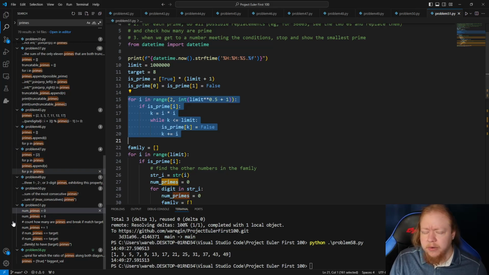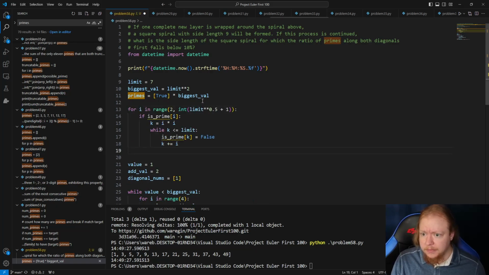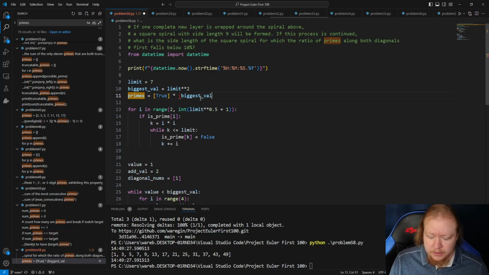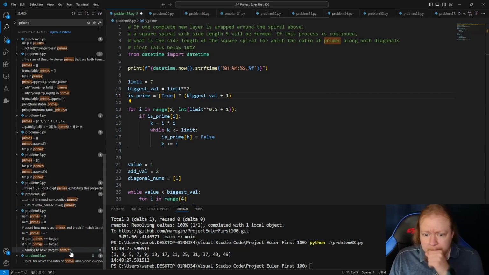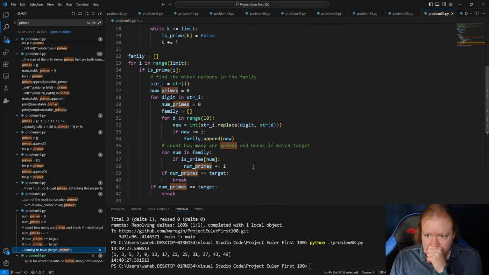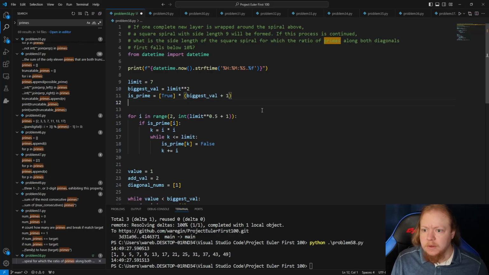I'm going to go ahead and grab this chunk of code. I'll rename it to is prime, sure. Line is also important.